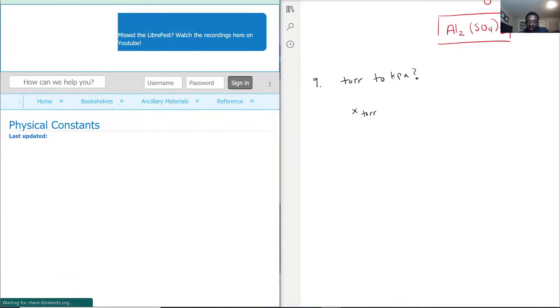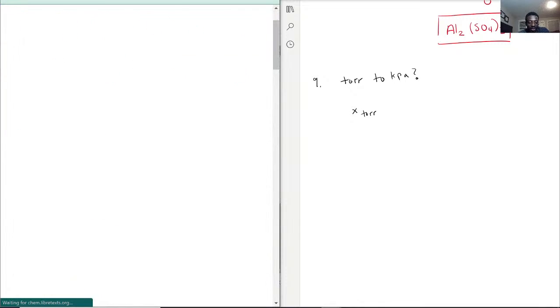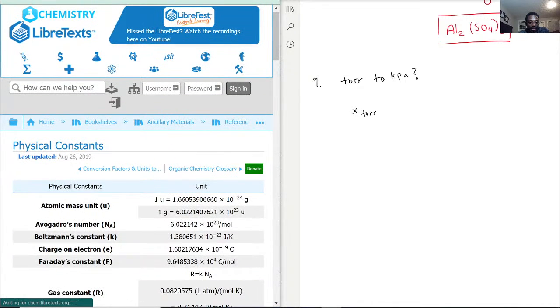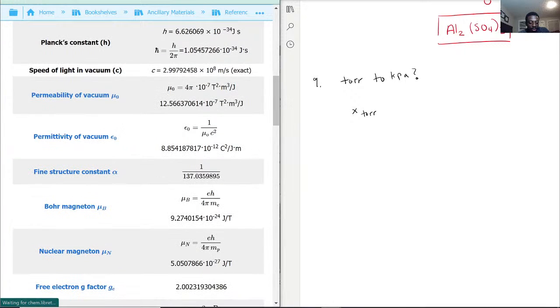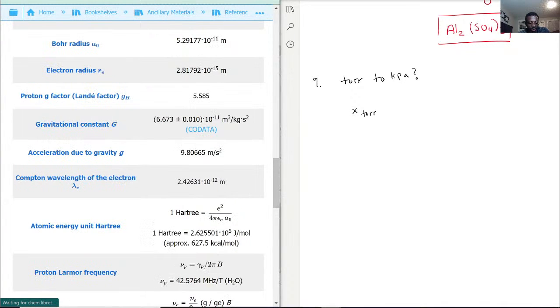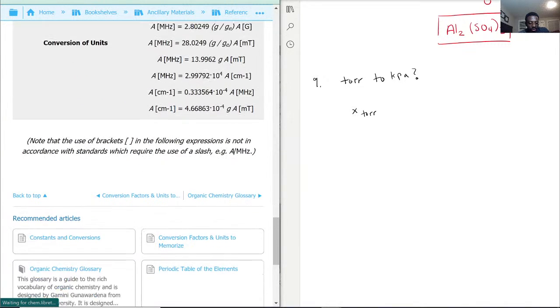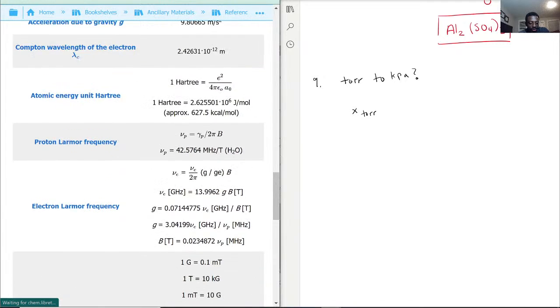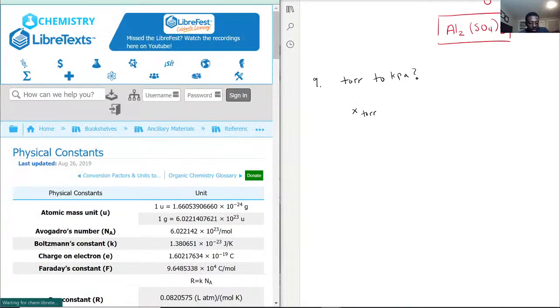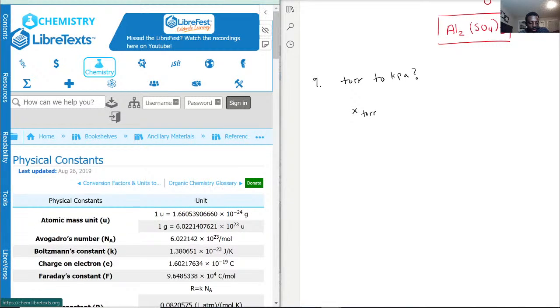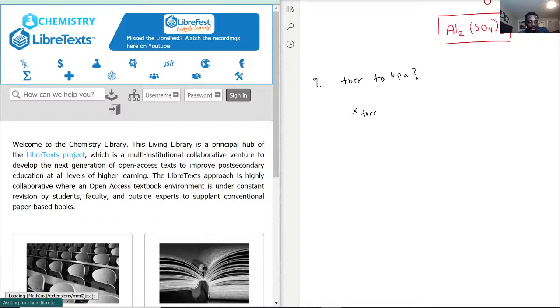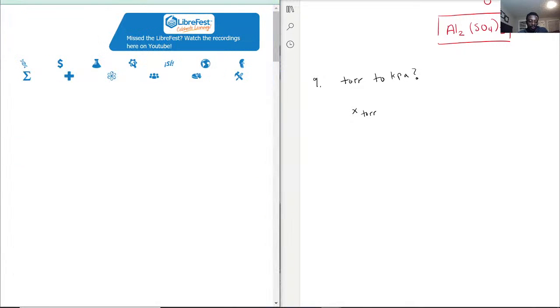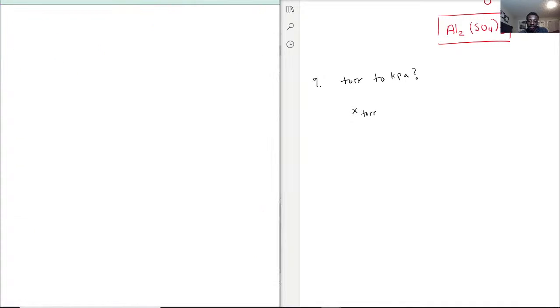That's why I have 2 of these tables open, because there's a lot of units to keep track of. So hopefully we can see it here in pressure. Oh no. Let me see here. Maybe in the chemistry constants. Nope, these aren't constants. So let's just try to search it up then.